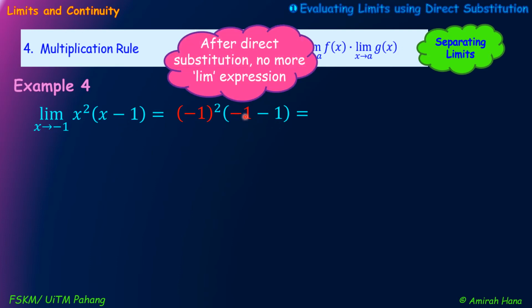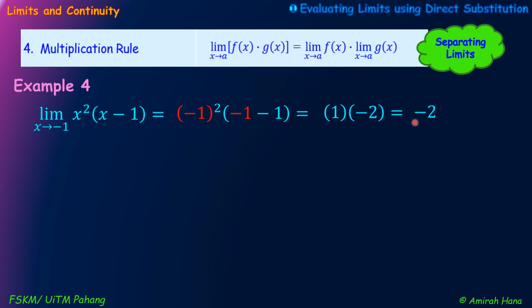And remember, after direct substitution, there is no more limit expression. That's the way we calculate the limits. Then we simplify, so we get negative 1 squared equals positive 1. Negative 1 minus 1 equals negative 2. And 1 times negative 2 equals negative 2.